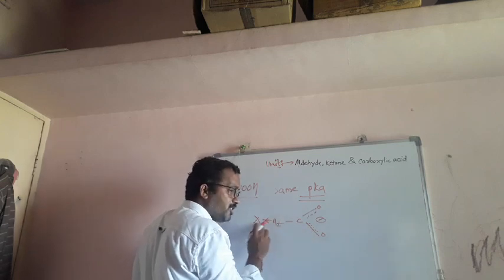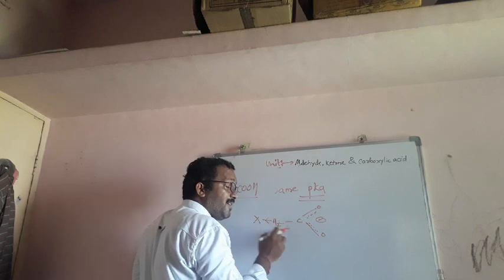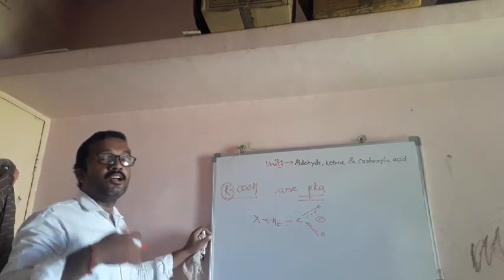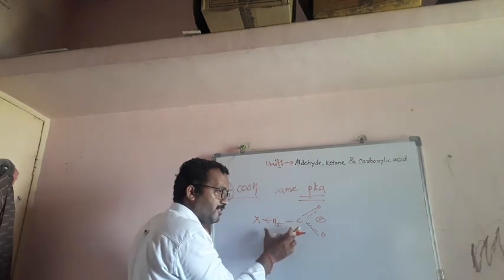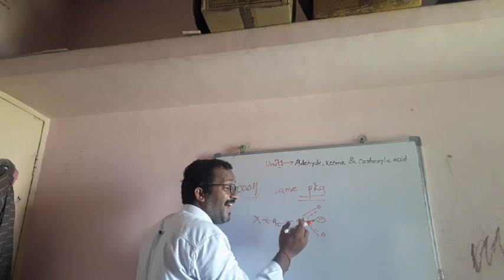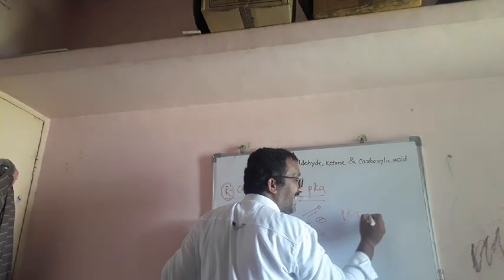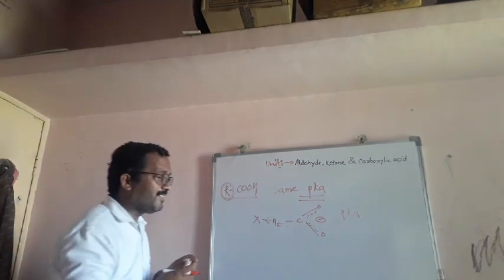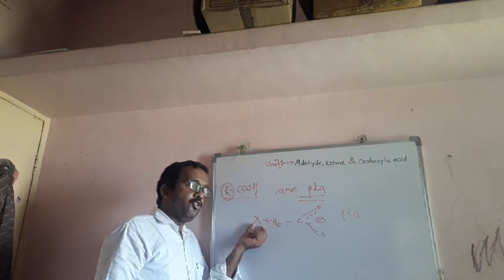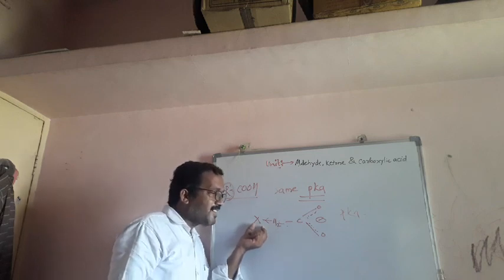If the halogen is bonded to this carboxylic acid, the pK value goes on decreasing, that is, the pK value is lower, because the electron withdrawing inductive effect of this halogen is greater.